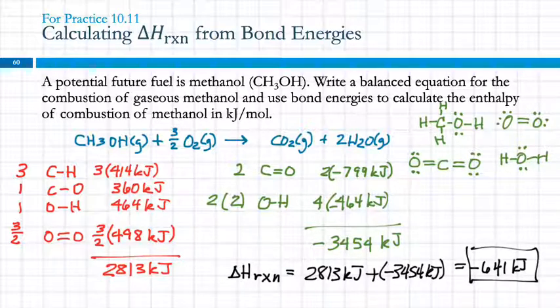Any other questions? Yes. So why is the one side positive and the other side is negative? This is positive because positive means I'm putting energy into the reaction. So, if you're trying to identify the sign, you have to decide, well, what's the system?